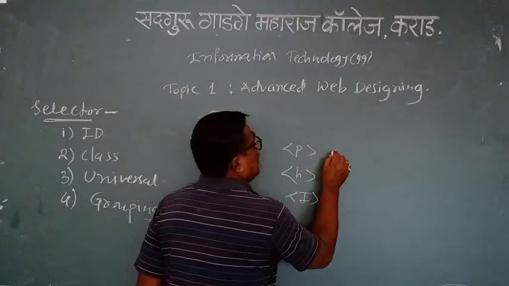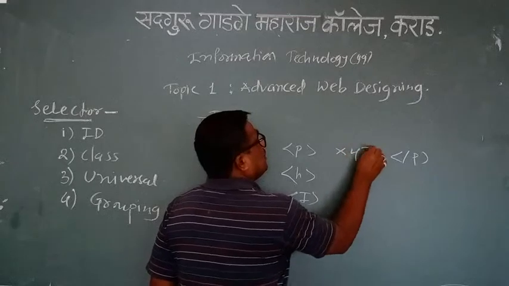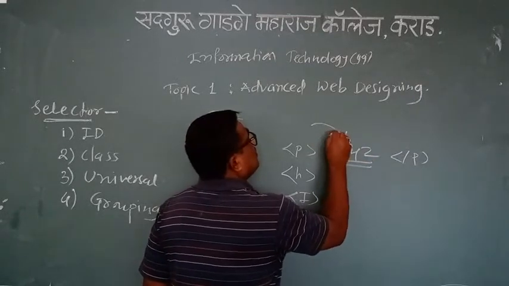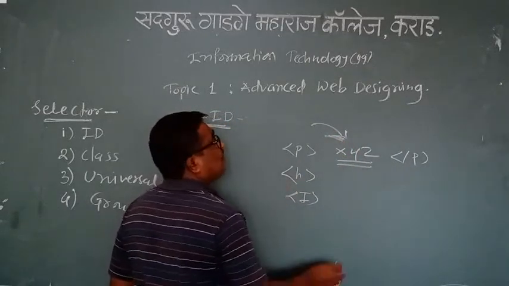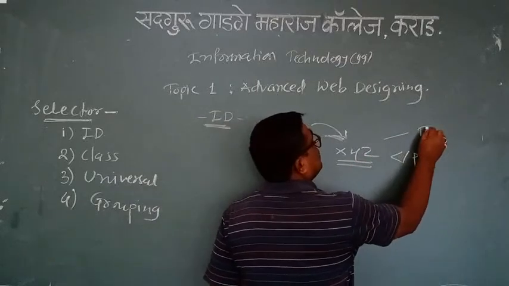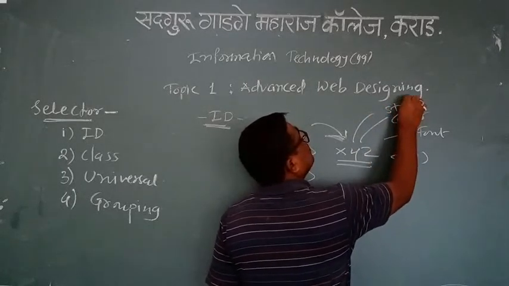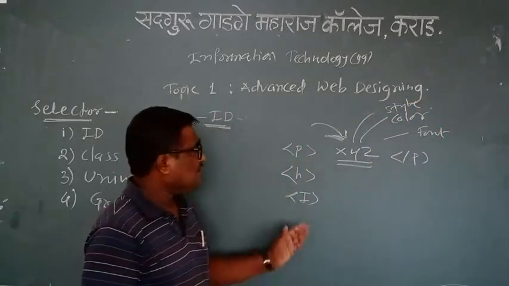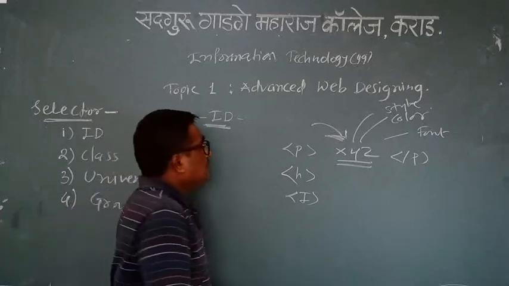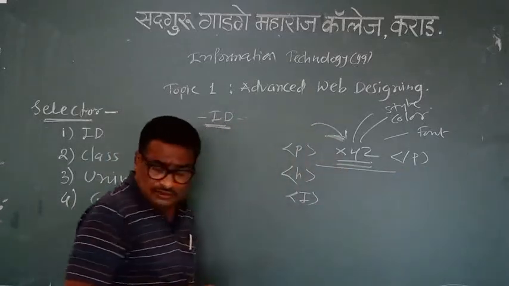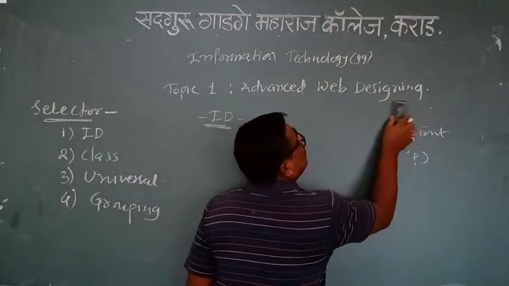In that tag we write P, XYZ, close, and that text is used to apply different styles, for example changing the font, color, style. Different styles are applied on that particular text or particular line.